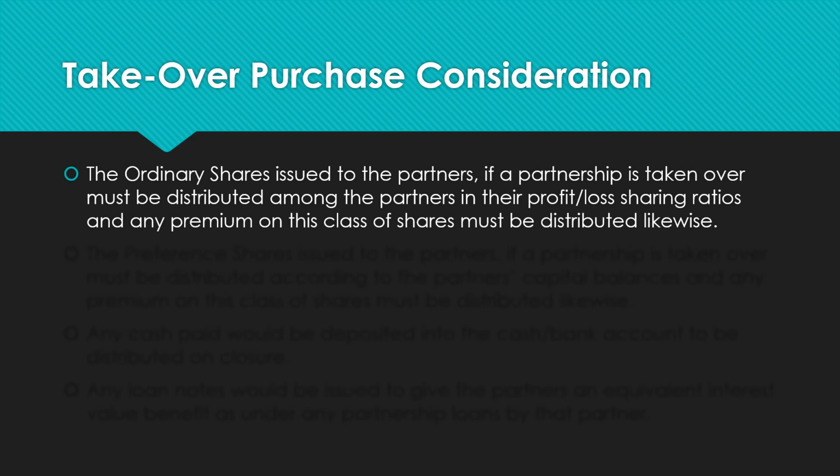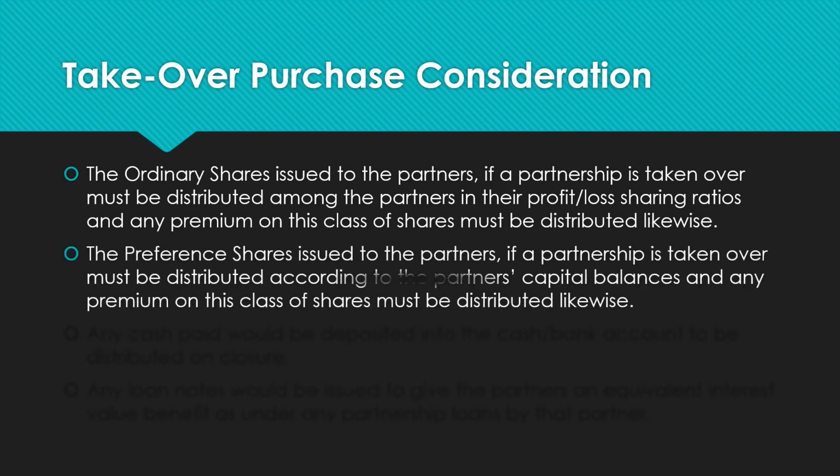And if there is a premium on this class of share, I mean if there's a premium on the ordinary shares, then that premium must also be distributed according to the partners' profit sharing ratio.